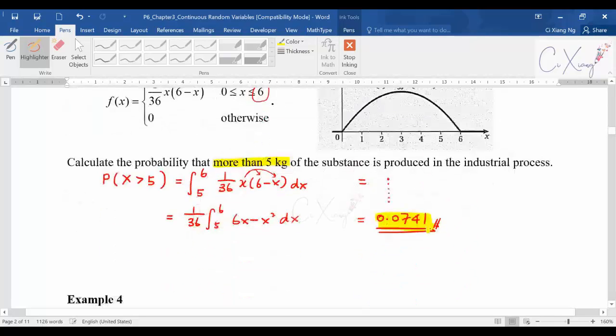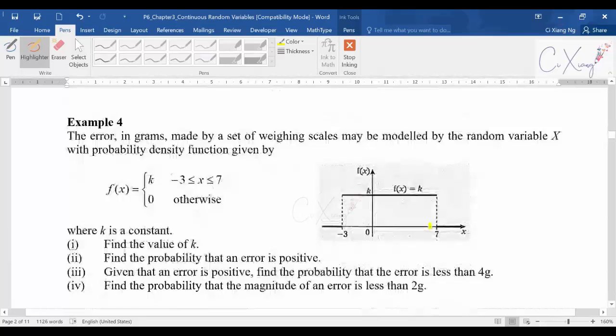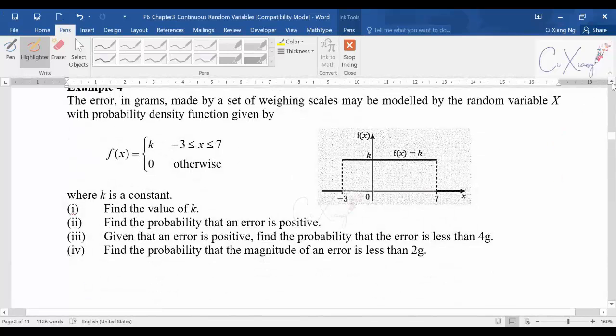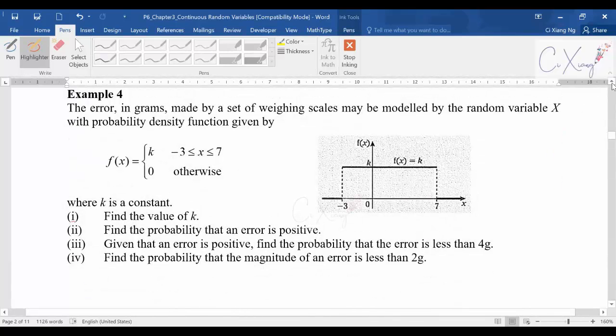Let's continue to example 4. If you look at example 4, they are talking about the error in grams. It is given like this: f(x) equals k, where k is a constant, from -3 until 7. First, they want you to find the value of k.